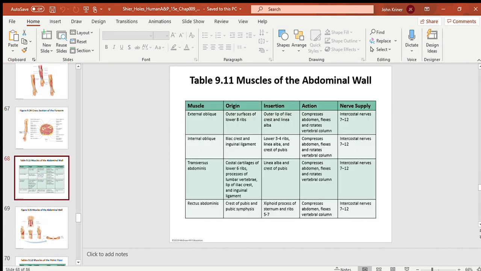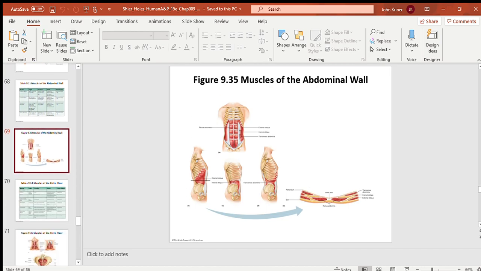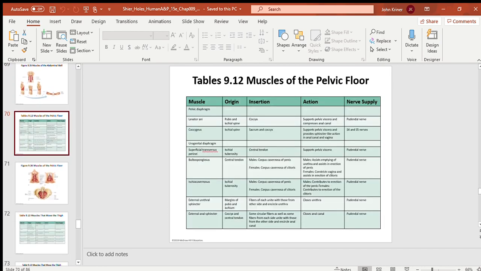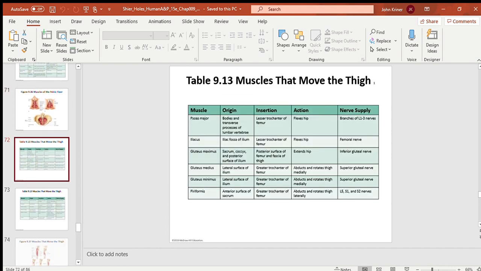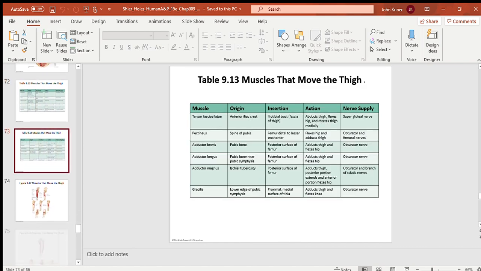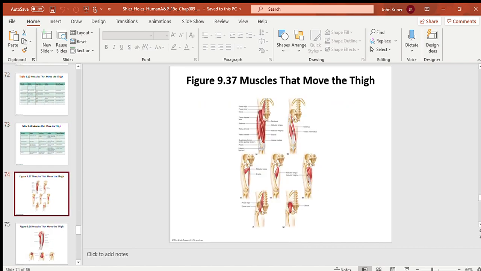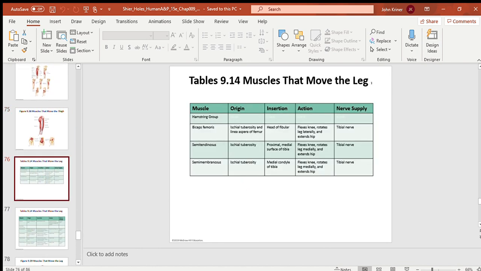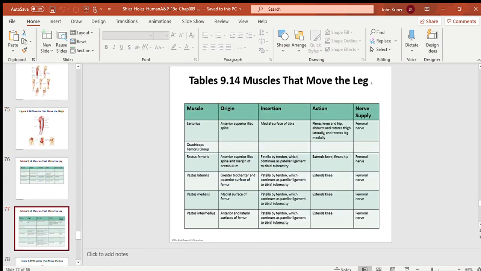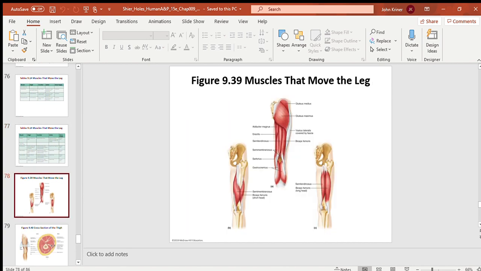Forearm, abdominal wall. We're not going to do the pelvic floor, so skip this one, but we will do the thigh. And there's one image of the thigh, and here's another image of the thigh. We'll do the leg. And there's that.